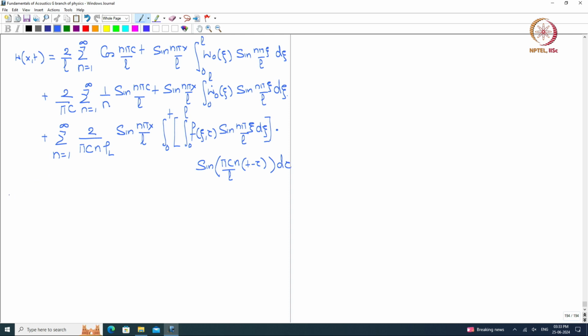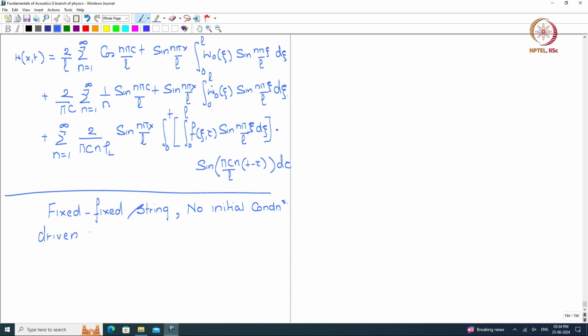Now the next problem we will do is again a fixed string, but this time no initial conditions, or the initial condition effect has died out, they are not important, and it is driven by a point harmonic force.